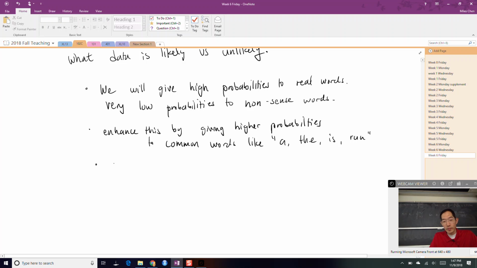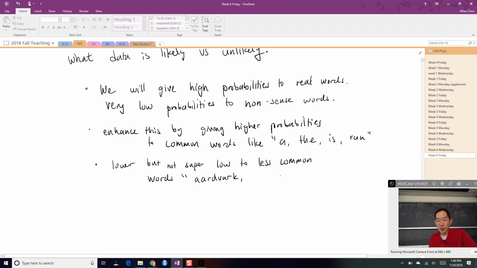And then lower, but not super low, probabilities to less common words, like aardvark, and some other uncommon word, right? All right, so that's one strategy, okay?